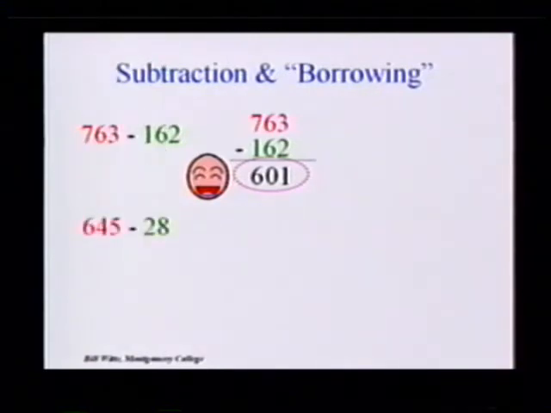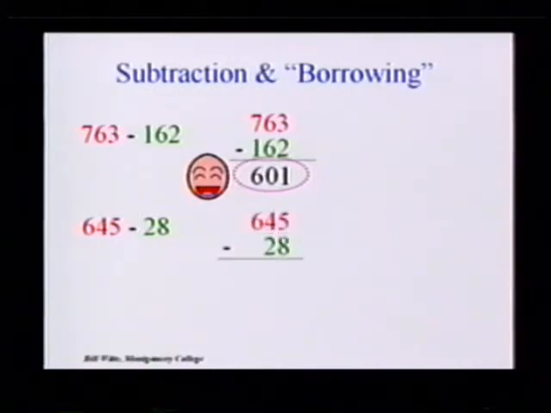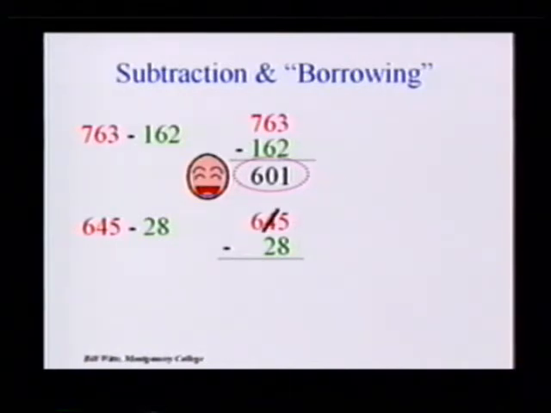Once again, we're going to line up the digits. Ones with the ones. Okay, now let's see. 5 minus 8 we can't do, so we're going to have to borrow. Now what am I gonna do? We'll borrow from the 4. Of course, that 4 will become a 3, and we'll take 10 and add it to the 5, and we'll have 15.